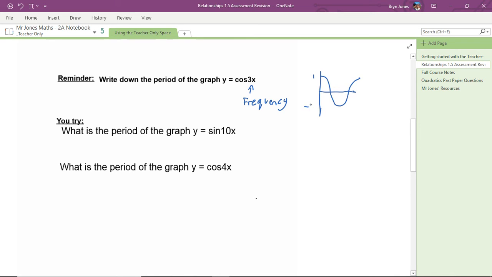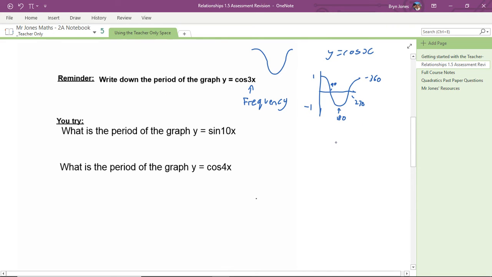Okay, so it starts at 1, it goes to -1, this would be 90, this would be 180, this would be 270, and then it would be back to the top at 360. That's the standard cos graph. So this is y equals cos x. What y equals cos 3x means is this bucket shape repeats 3 times every 360 degrees. So the frequency is 3, so that's how many times it's going to repeat itself.